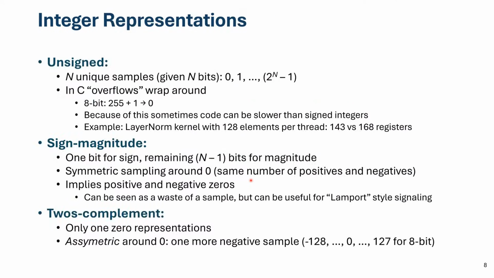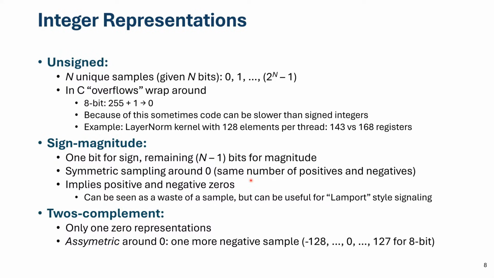Okay, so I'll talk briefly about integers. I have more information on integers, but for the sake of time, I figured we'd transition to floats as quickly as possible. So even when it comes to integers, which at first glance sound very simple, there are different ways to represent them. There are unsigned integers, signed magnitude representations, and 2's complement.